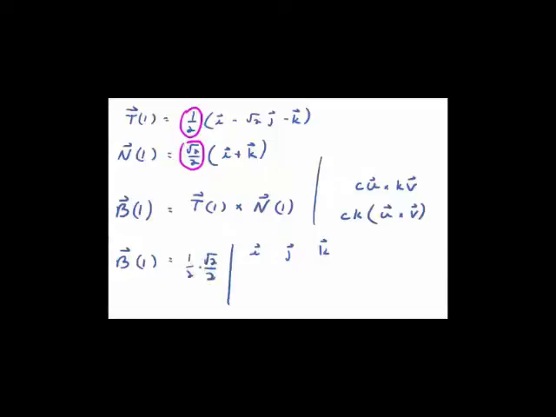So there's the constants out front, and then the components of T of 1 across the middle: 1, negative rad 2, minus 1, and then the components of N of 1, which would be 1, 0, 1.